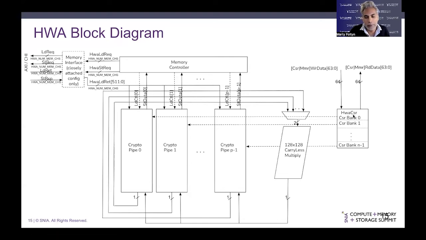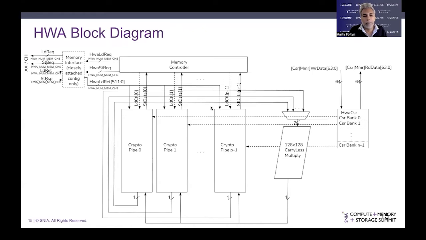So for instance, the config register in bank 0 could say all P pipes are mapped to bank 0 for maximum compute for just one thread, or the pipes could be distributed across these banks.